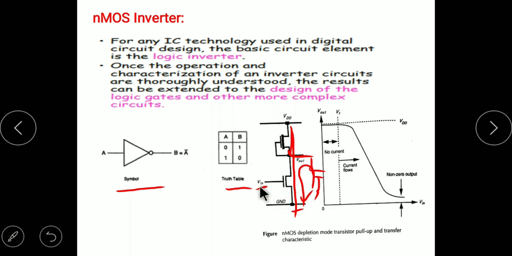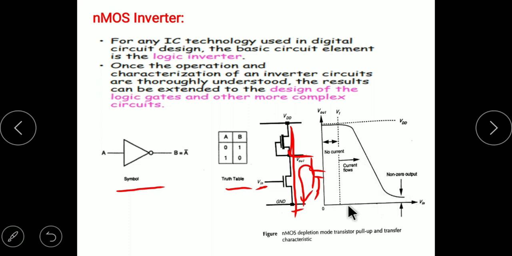Next case, Vin is equal to 1, that is high. Vin is going on increasing. For high, this transistor turns on, hence there is a continuous path, and the capacitor discharges through this transistor. Due to that, the output goes to 0. So the output is decaying like this, and it almost goes to 0.